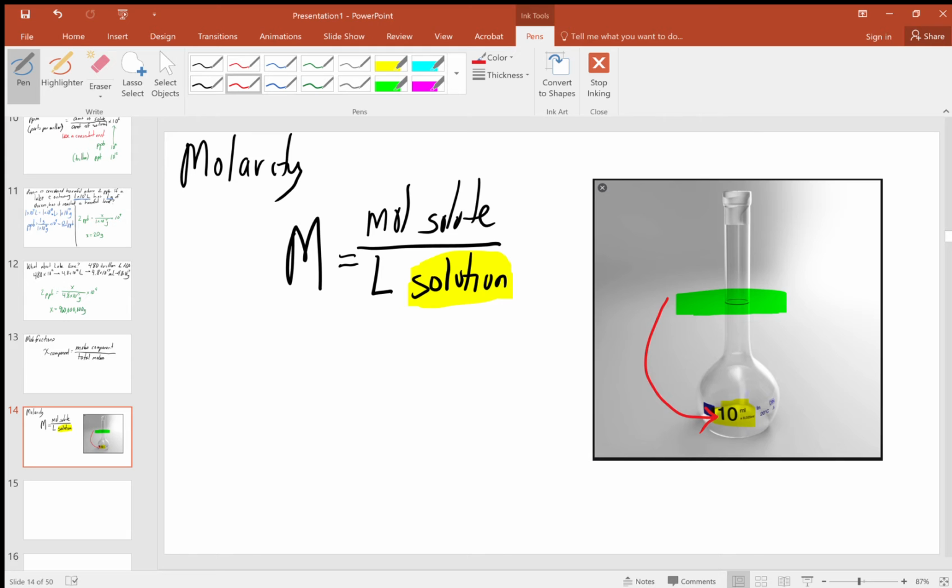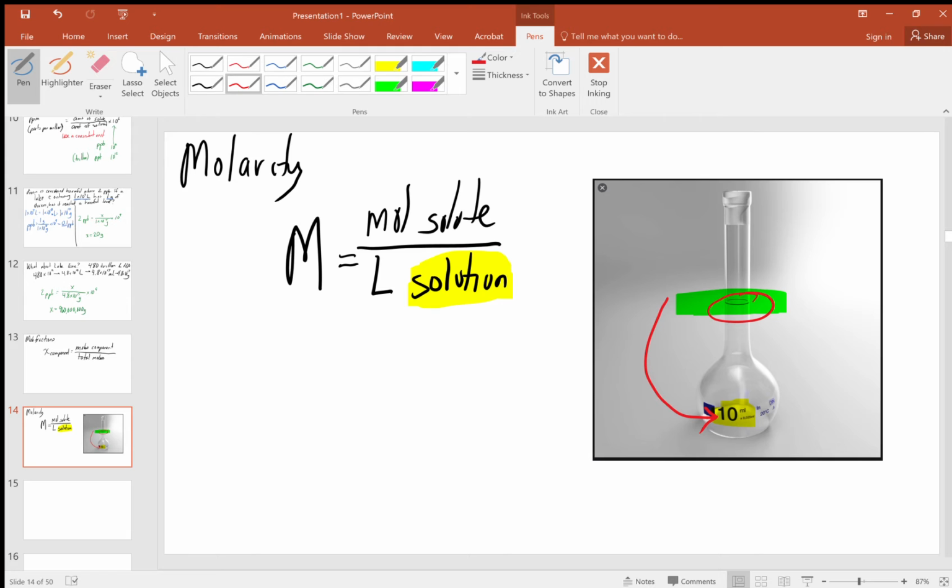But what you do with a volumetric flask is you add your solute to it, and then you add your solvent up to this line and get everything dissolved. And if the level of solvent has gone below the line, then you add more to come back up to the line. Then you know you have exactly 10 milliliters of solution, or 100 milliliters, or whatever the size of your volumetric flask is.